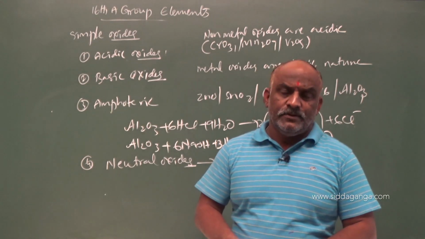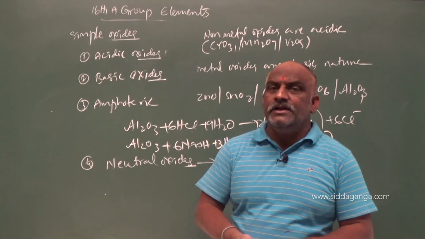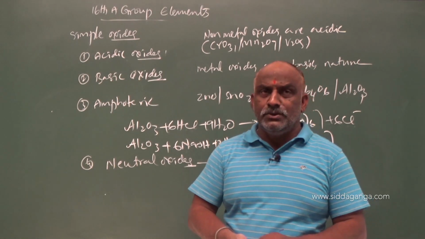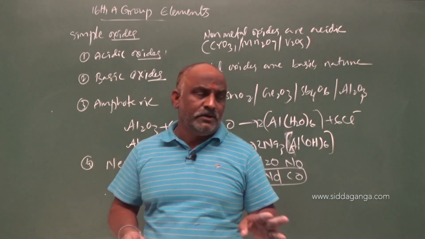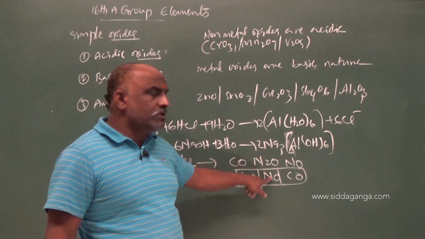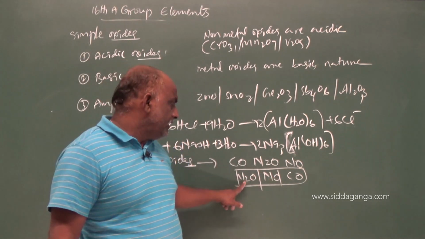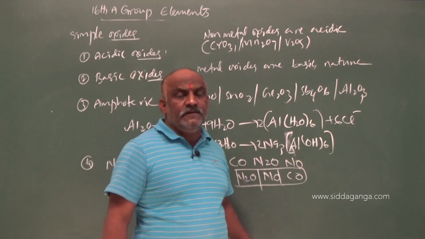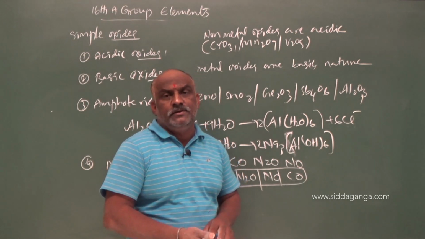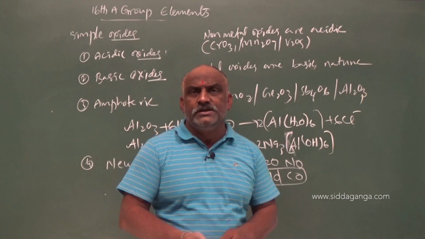Now, in this list H2O also was joined, but actually the neutral oxides are only three: laughing gas N2O, nitric oxide NO, and carbon monoxide CO. So these are the simple oxides.